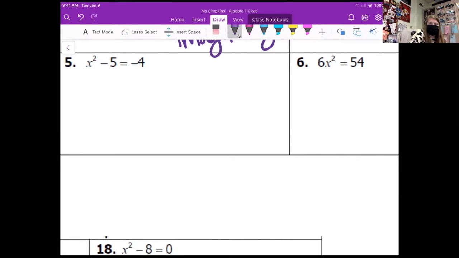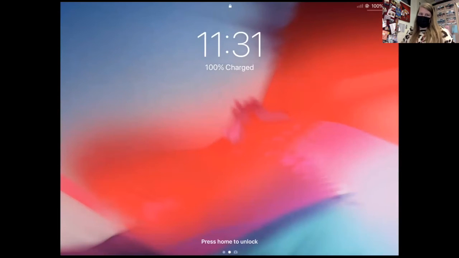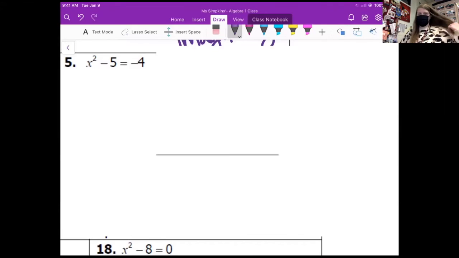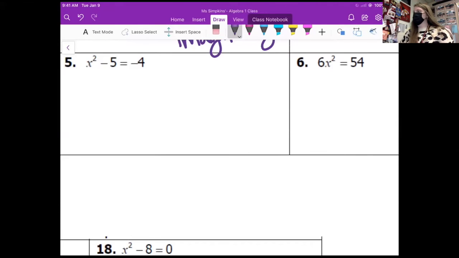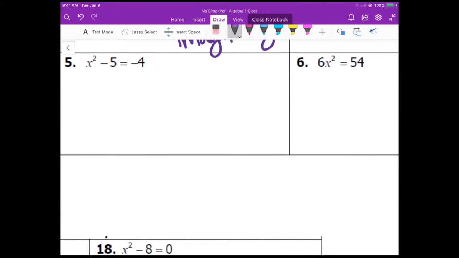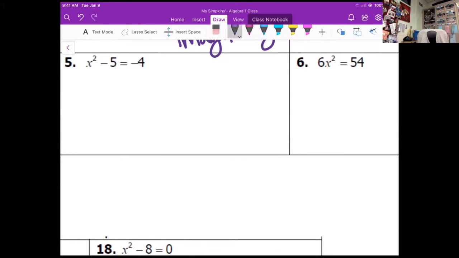Selena, same thing, make sure you include the negative number also. You just gave me a positive. Miss Simpkins, do you want us to send you the answers when we're done? I would like that, please. Thank you.